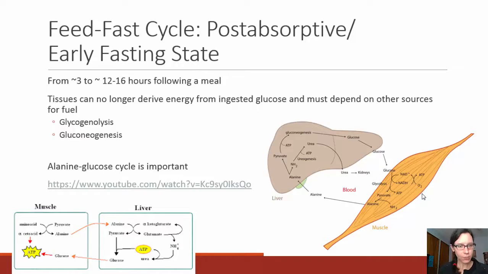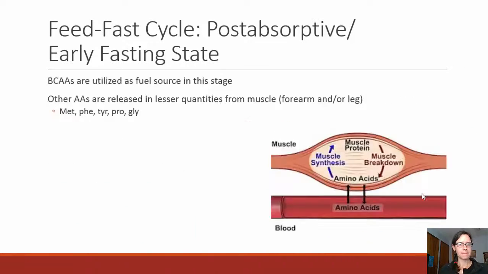So again, this process begins to be important in the post-absorptive or early fasting stage. We're just starting to break down our muscle a little bit to use it for energy. So branched chain amino acids are utilized as fuel at this stage, and other amino acids are released in lesser quantities.